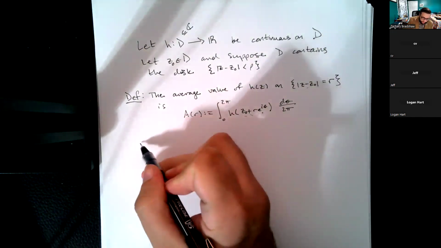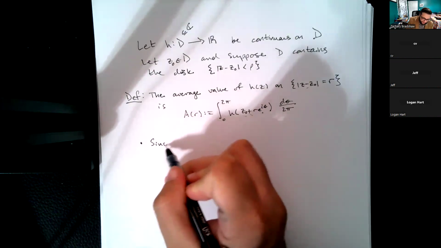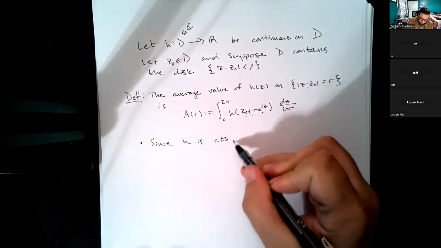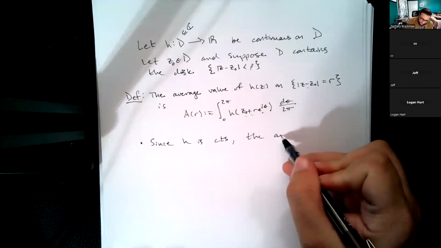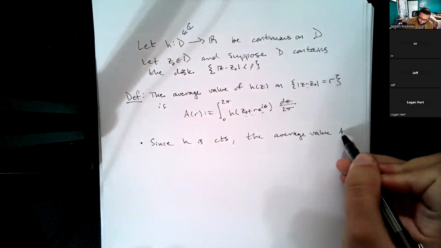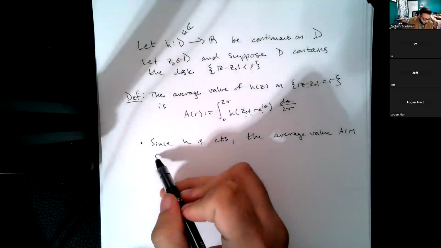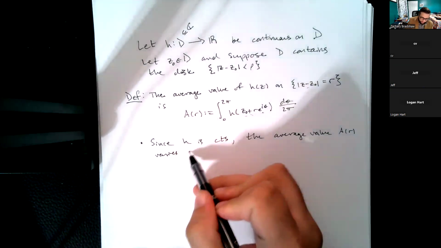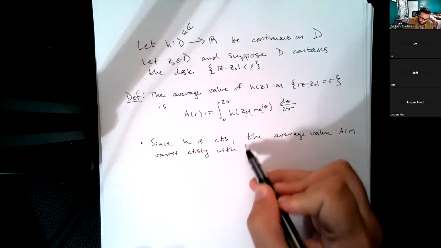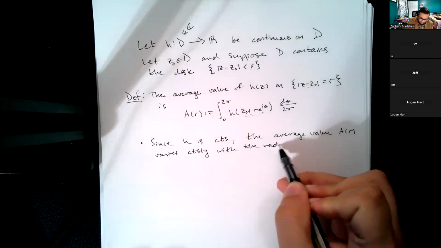Okay, so since h is continuous, the average value, which we're calling A of r, varies continuously as well. And that's with the radius.